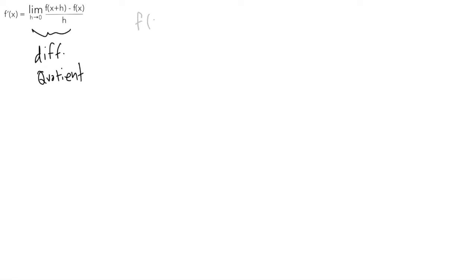f of x equals x cubed minus 2x squared. If we want to find f prime of x, we're going to insert these function values.